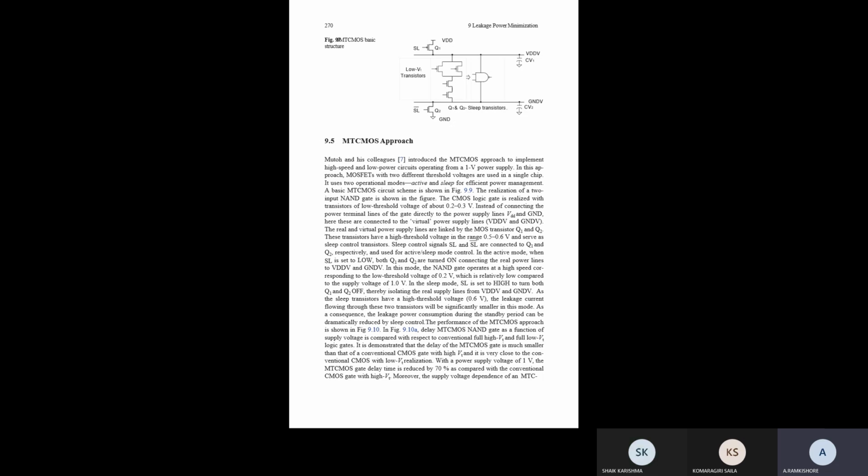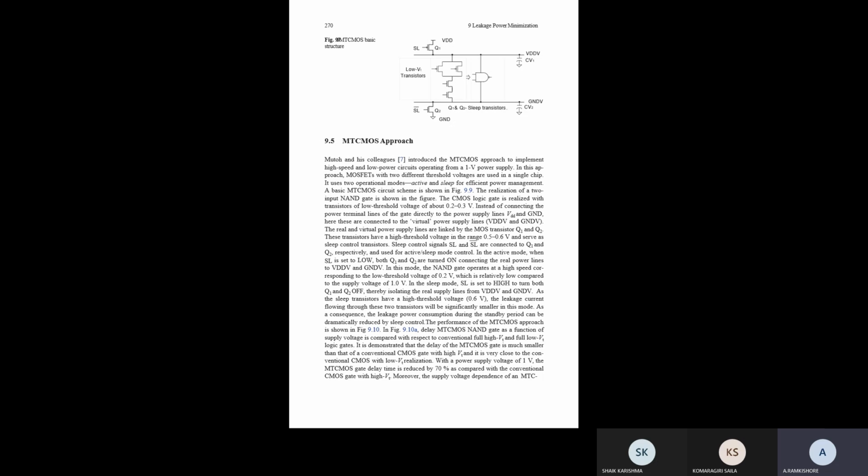Instead of connecting the power terminal lines of the gate directly to the power supply lines VDD and ground, here we connect virtual power supply lines.